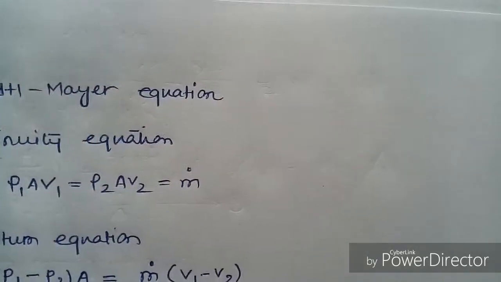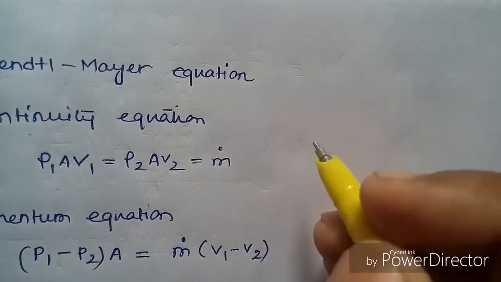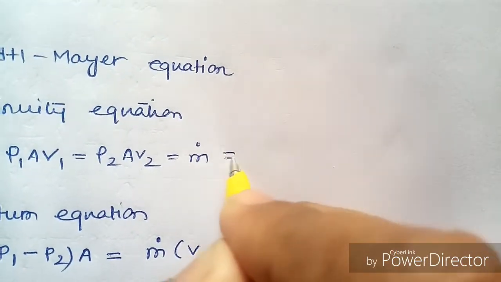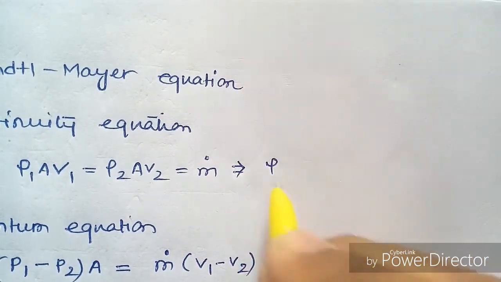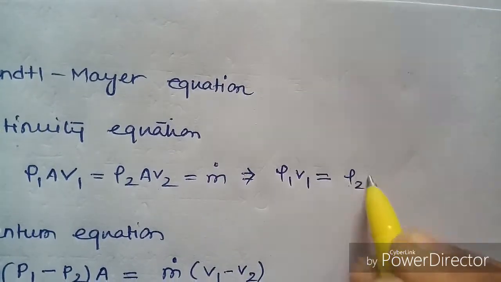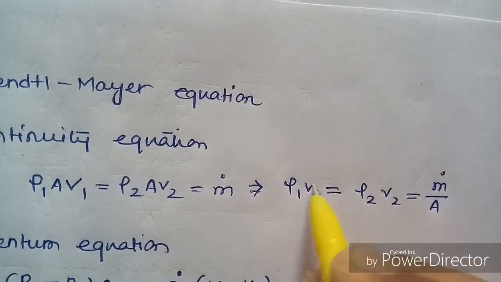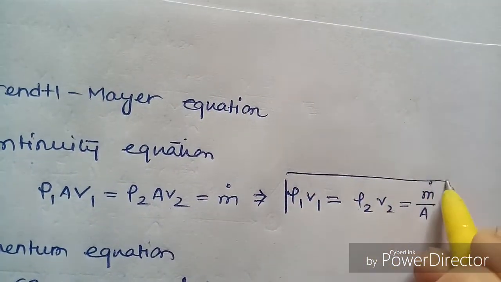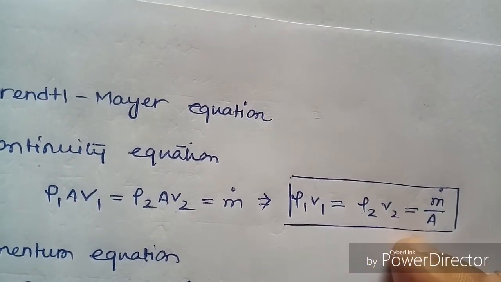This is your continuity equation. Now from this, we can write rho 1 v1 is equal to rho 2 v2 is equal to m dot by A. So you got this equation.